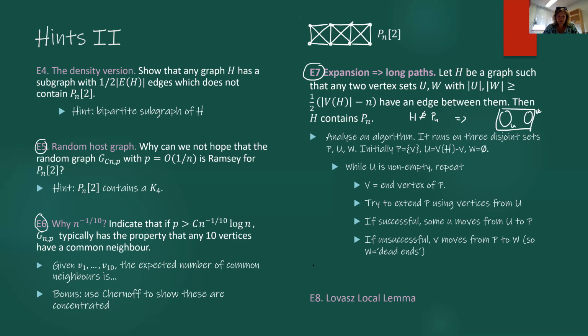We start with a single vertex and then an empty set W, and everything else is in U. And we try to extend this in each step.